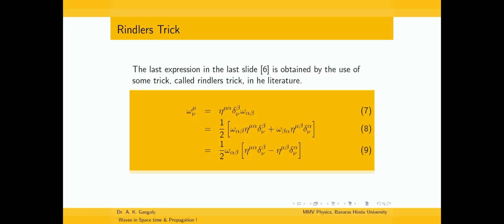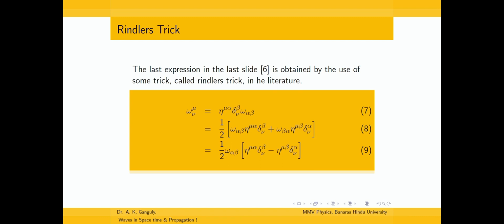This omega of alpha and beta is antisymmetric in alpha and beta, but what is happening here is the indices alpha and beta are dummy indices, that is they are being summed up. So one can in principle add them twice and divide it by a factor of half.